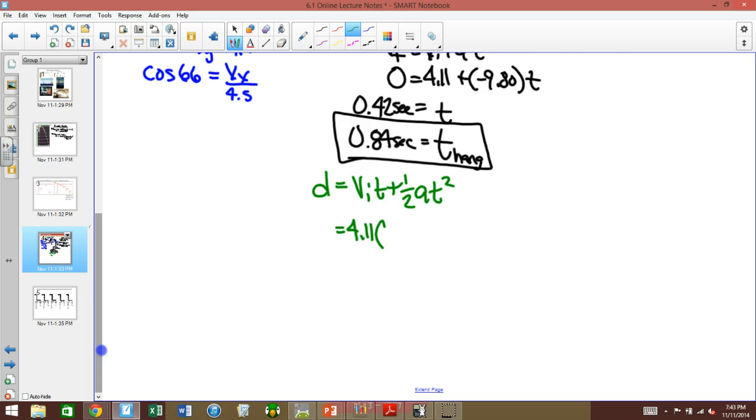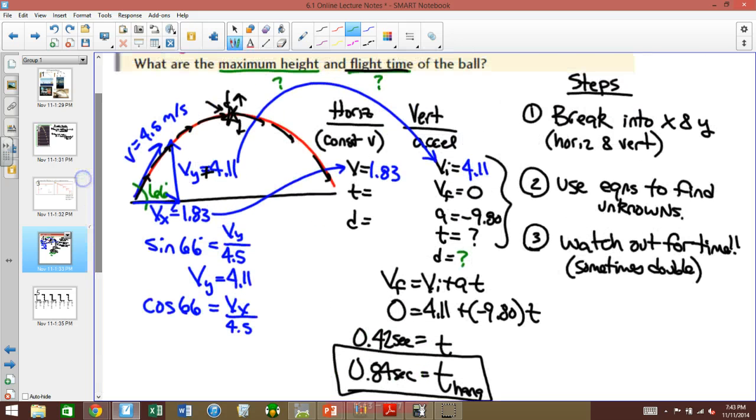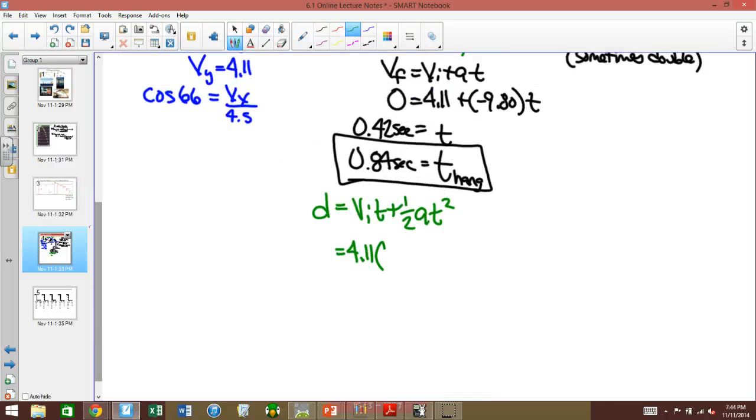The time, now we have to be very careful. Since the maximum height is right there, you're going to use the time for right there. You can't use 0.84, otherwise you're going to find that this d is going to equal 0. And you'll be like, what? Well, that's when it hits the ground. So you have to use 0.42 plus 1/2 negative 9.8 times 0.42 squared.